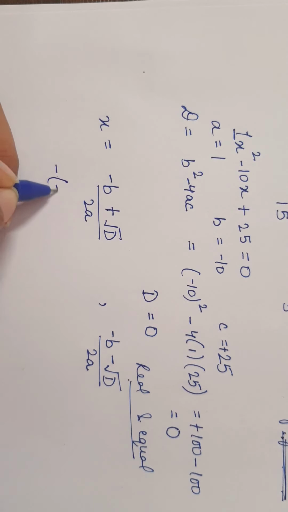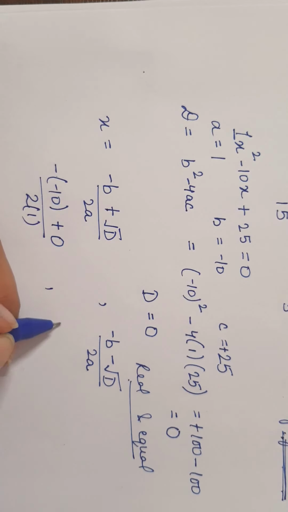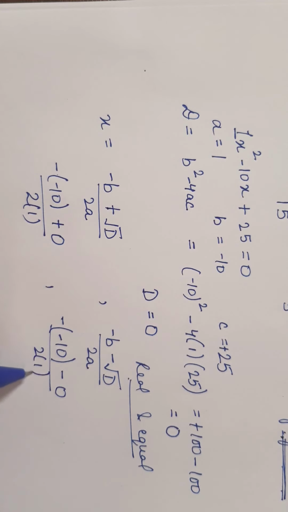So minus of minus 10. Be careful with the signs here. Plus root 0 will be 0 upon 2 into 1. Here also minus of minus sign, and the value of b is also negative. Minus again 0 upon 2 into 1.